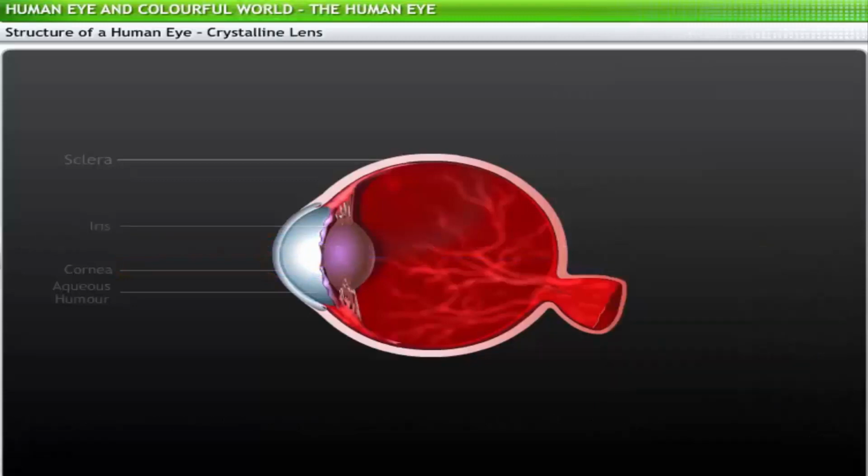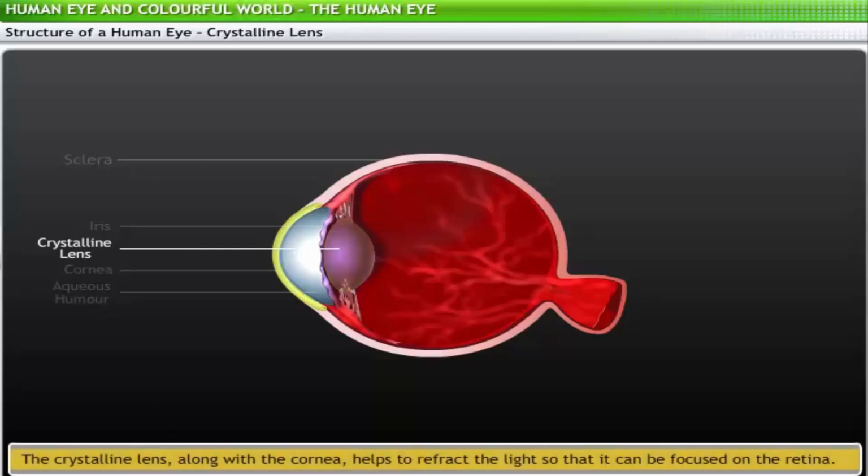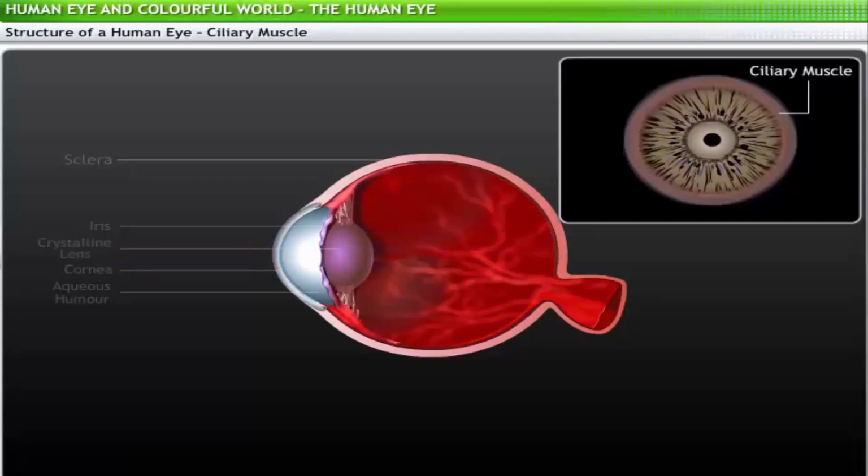The next part of the eye is the crystalline lens. The crystalline lens is a transparent, biconvex structure in the eye, which, along with the cornea, helps to refract light so that it can be focused on the retina. The ciliary muscle is a ring-like structure attached to the iris.